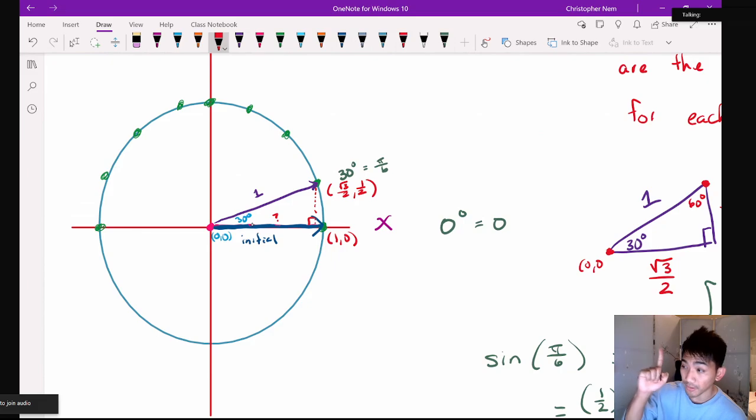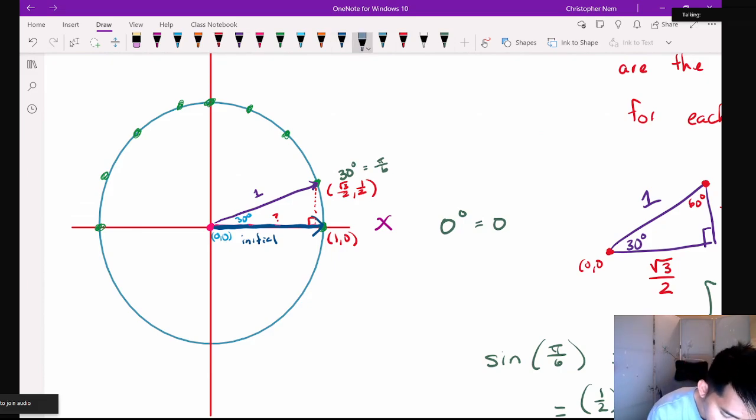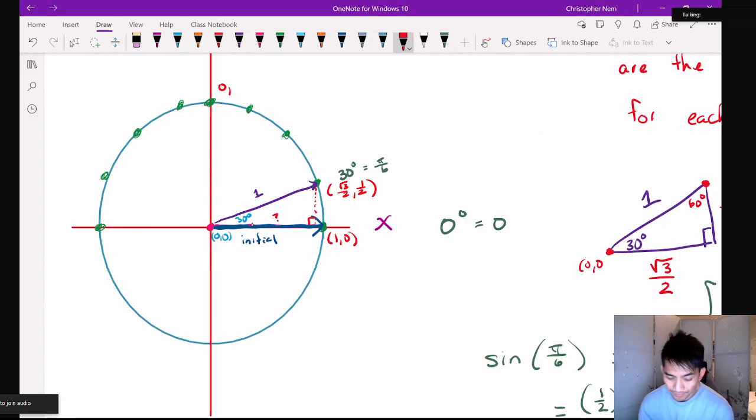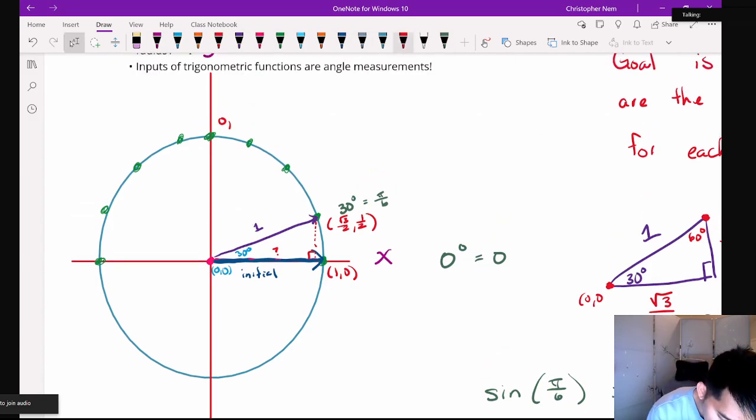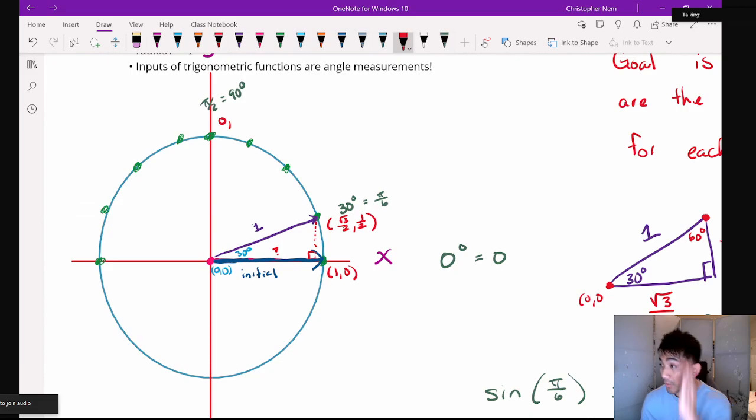I only go up. So this guy is located at 0, comma, and this is for pi over 2, which is 90 degrees. This is located at 0, comma, and I went up 1 because the radius is 1. So (0, 1). Right?